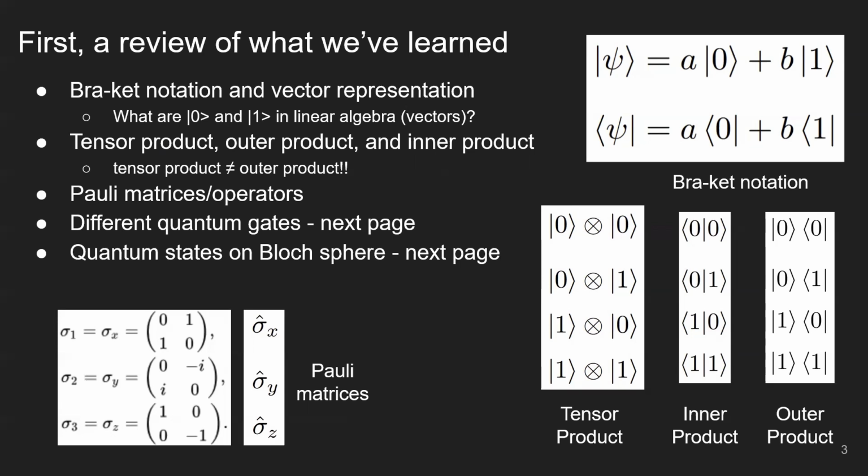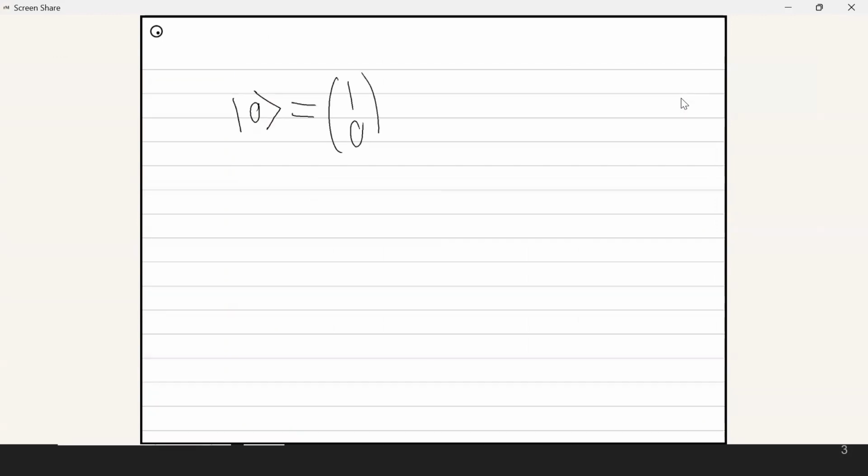And then for the one, what does that look like in vector notation? Okay. Yeah. So 0 is 1, 0 and 1 is 0, 1 in vector notation. Let me just write that down real quick. All right. So we said that 0 is represented as the vector 1, 0, and 1 is 0, 1.